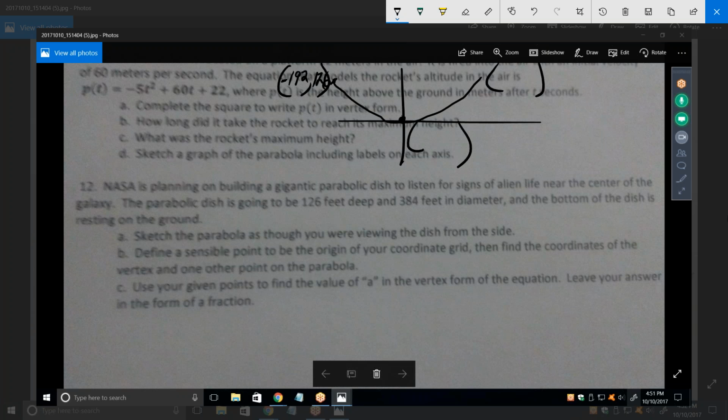And the other one is positive 192 and then 126. And this one is 0, 0. So we have 3 points on a parabola. We are going to be able to figure out everything we need, I believe. Let's do these. These always used to give me a little bit of a problem. Not sure why.